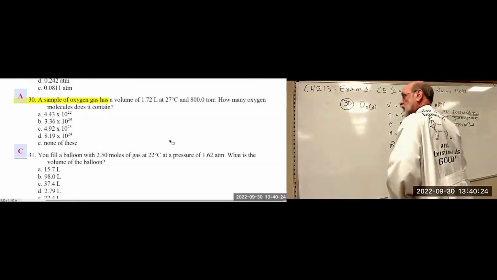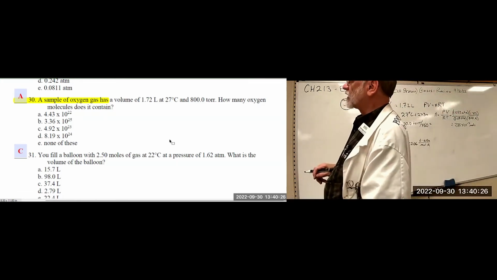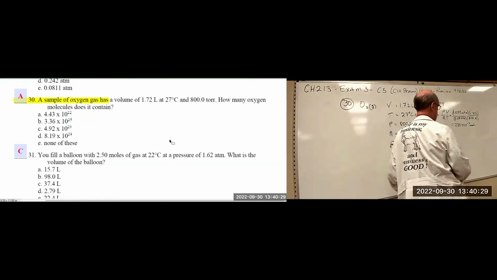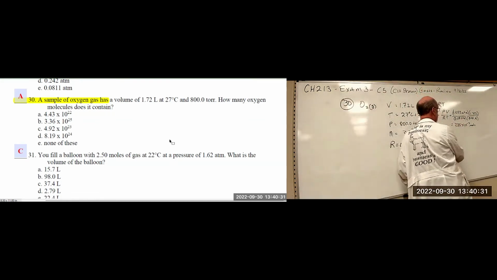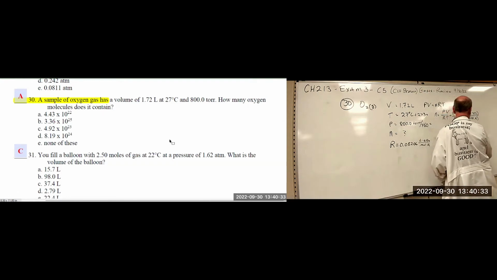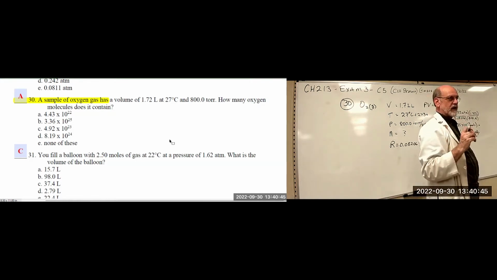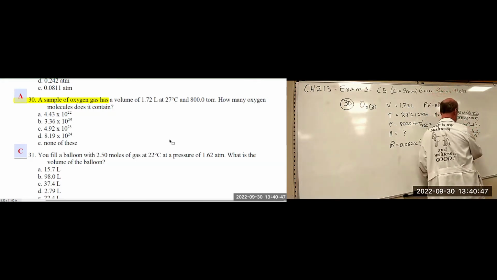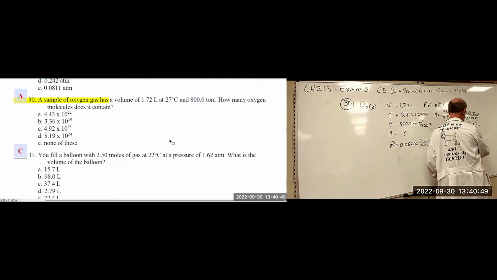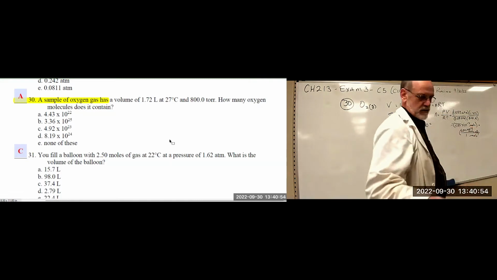And the question was, how many oxygen molecules? So we have to convert moles to molecules. Moles on the bottom, molecules on the top. So what's the magic number here? Avogadro. 6.022 times 10 to the 23rd times that value.